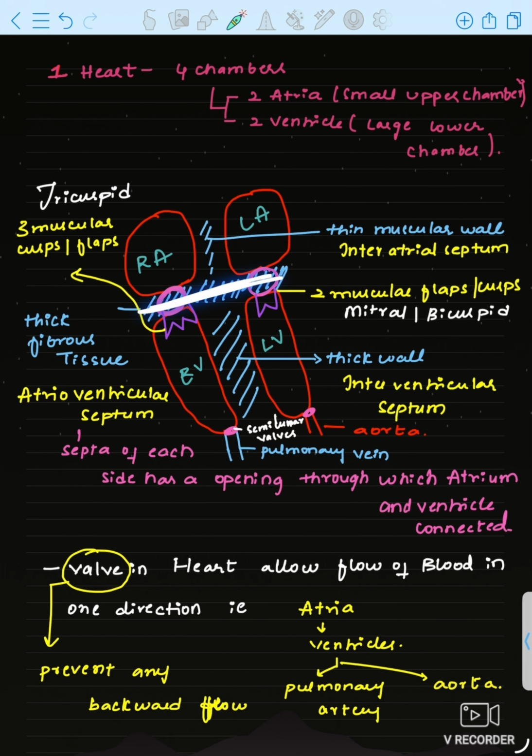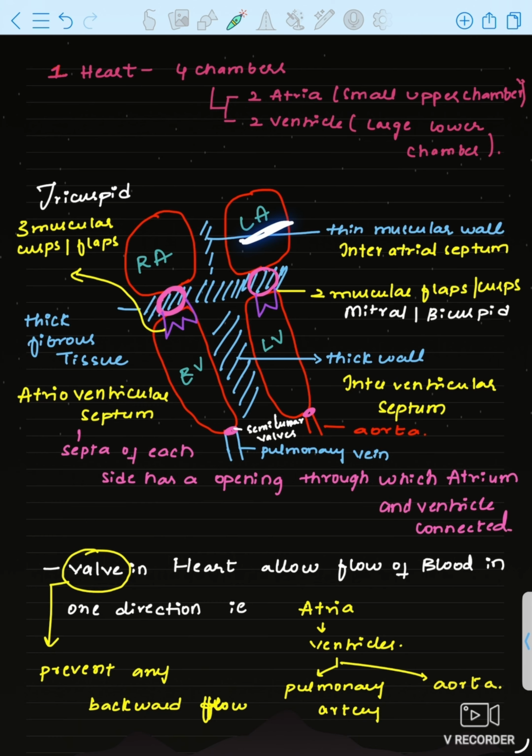This atrioventricular septum will have some opening. Now blood should flow, no? Blood from the vein will enter into the right atrium and then into the right ventricle, no? There should be a passage of flow. It is thick fibrous, we know, but there is some opening. Through that opening, guarded by 3 muscular cusps or flaps, that is called the tricuspid valve.